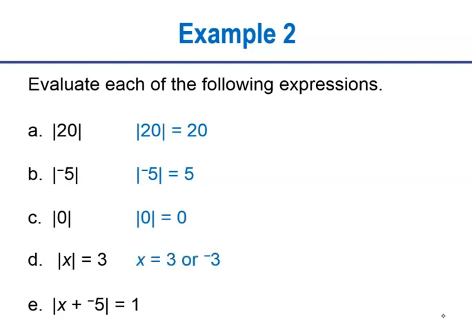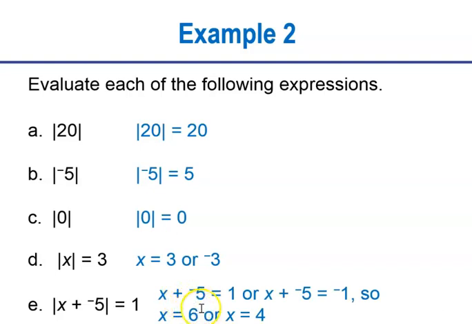The absolute value of x depends on if x is positive or negative. If we don't know, we have, no matter what, x is 3 or negative 3. Both of those answers work. And then x plus the opposite of 5 is equal to 1, or x plus the opposite of 5 is equal to negative 1.